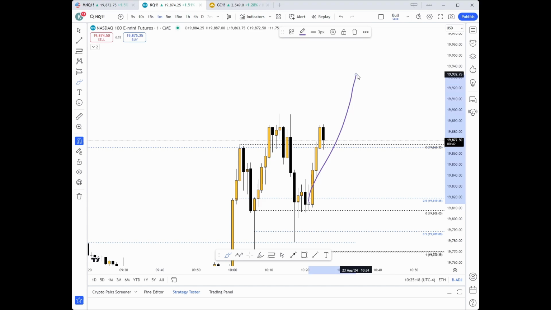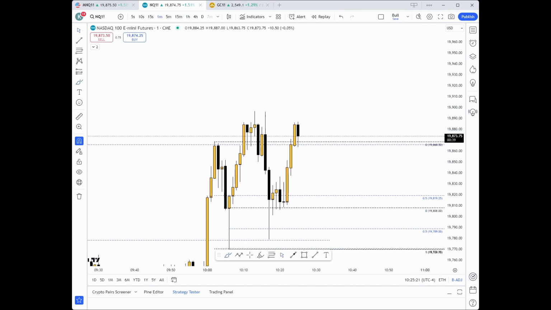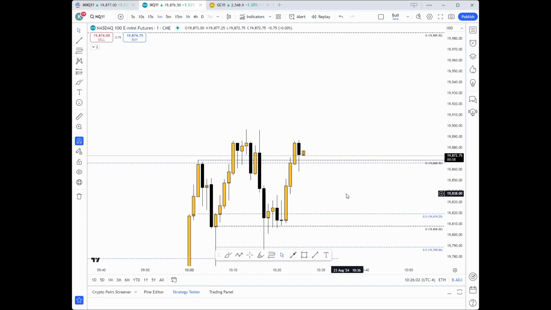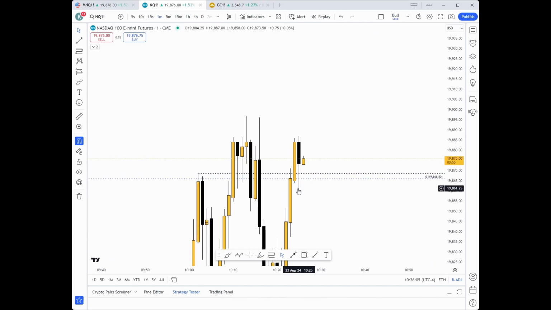If we don't do that and we just spike, that's something else entirely. Nice sweep above and then below.